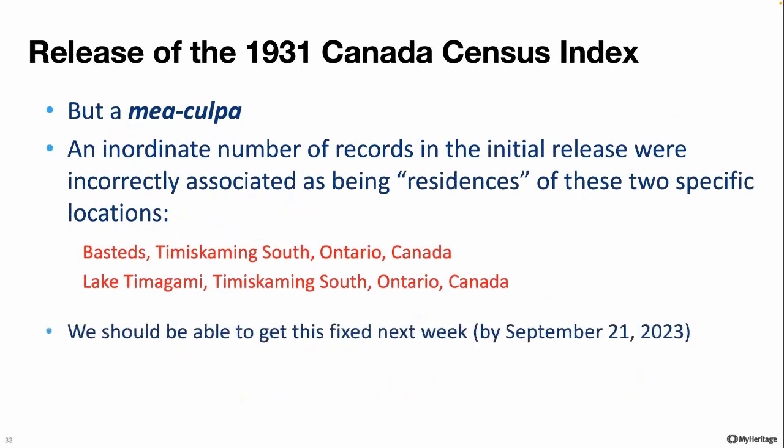So I apologize. There's a little blemish on my record. This was my error and my error alone. I just wanted to make you aware that if you see a lot of people from these specific subdistricts in Ontario, please ignore it for just a few days. Go look at the document, and we'll get these fixed as soon as we can.